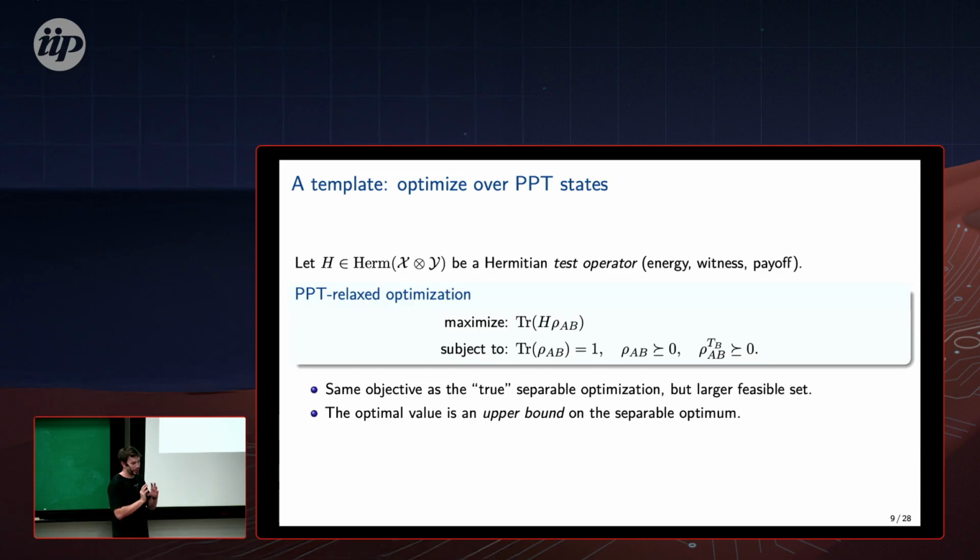You're actually looking at a strictly smaller set of states than just optimizing over everything. Okay, and because of this, the optimal value of this thing will give you an upper bound on the optimal value if you optimized over all separable states. Is the philosophy or the idea clear? All right.